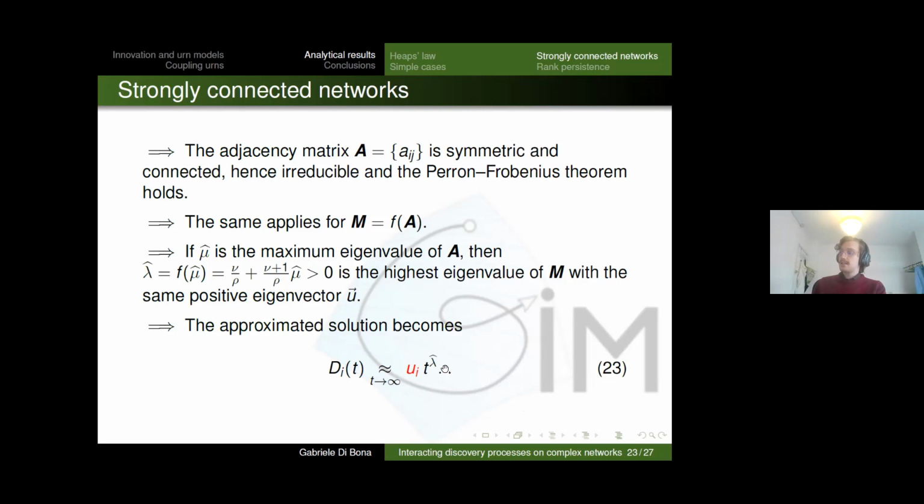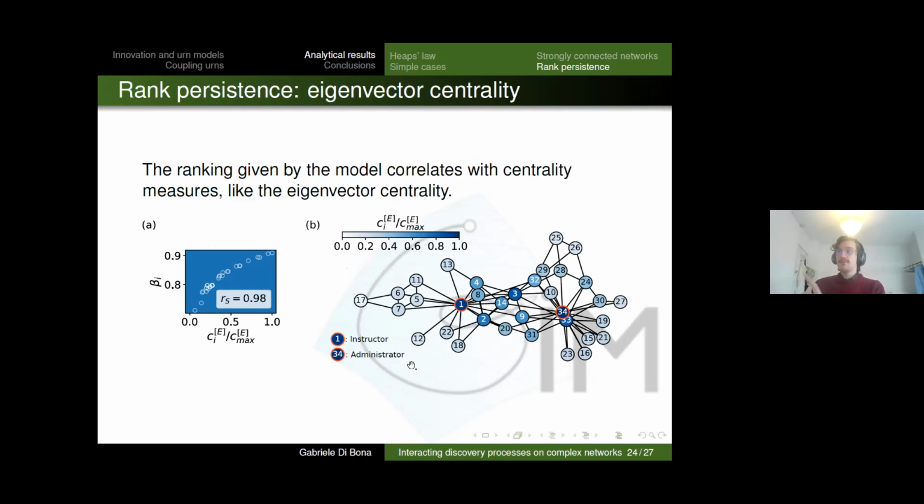So this means that the Hipps exponent is a linear function of the maximum eigenvalue of the adjacency matrix times some parameters, and it also depends on the eigenvector centrality. So the only thing that changes is the eigenvector centrality, in fact, by the Perron-Frobenius theorem.